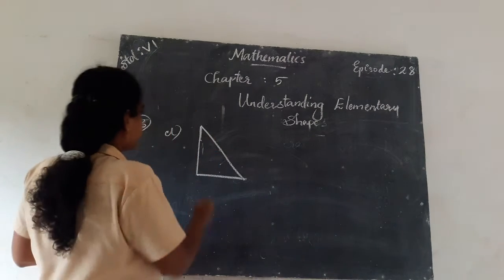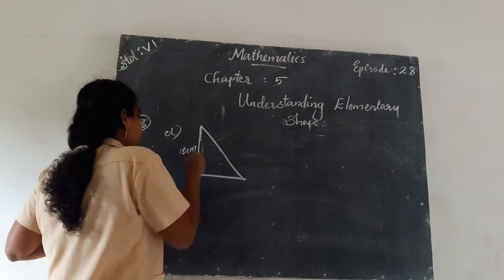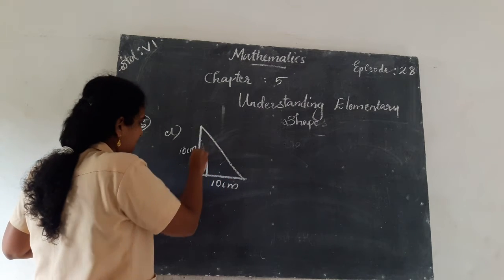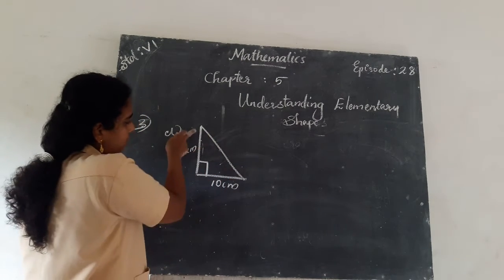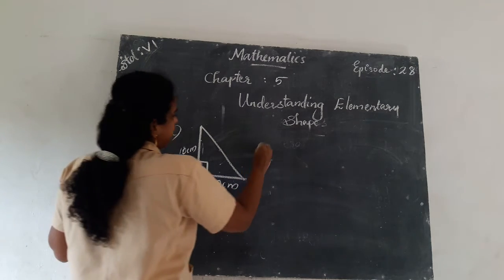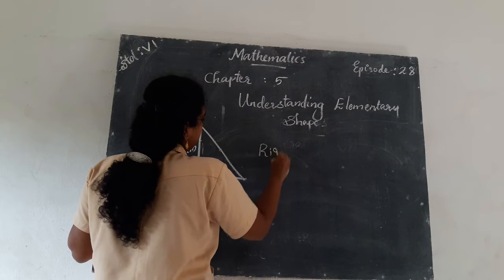Like this, and these two sides are 10 centimeter. And this angle measures 90 degrees. One of the angles measures 90 degrees, so it is a right angled triangle.